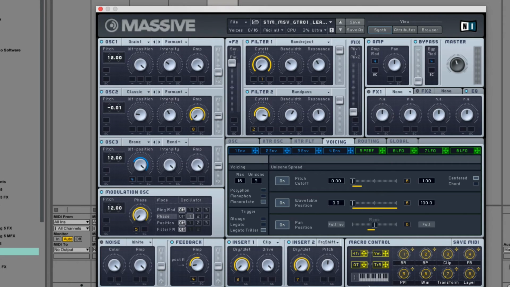Seven is transform. It controls the frequency shifter. It's called that because sometimes it sounds like transformers. It's on a couple other patches that sound exactly like transformers. But since that's not the case, I'm just going to call it frequency shift.